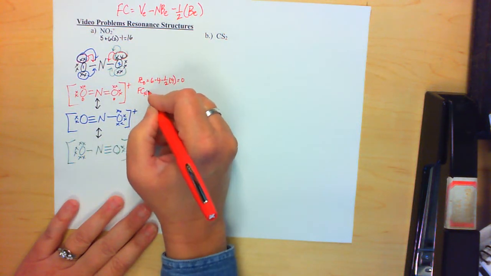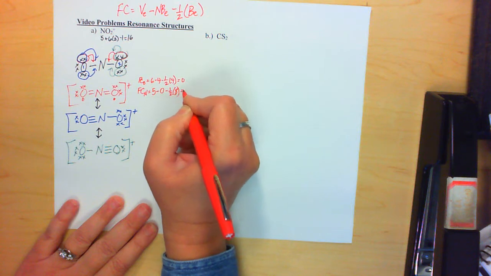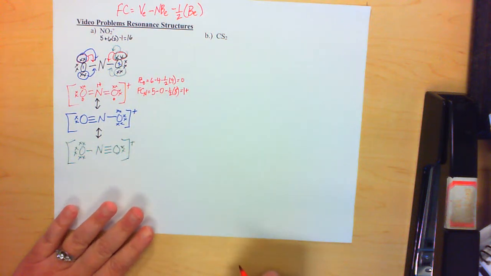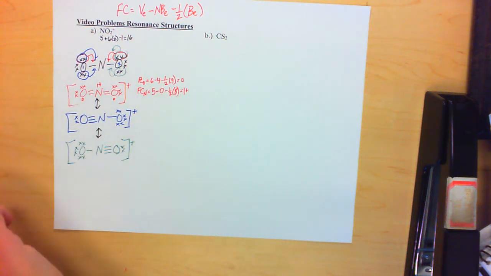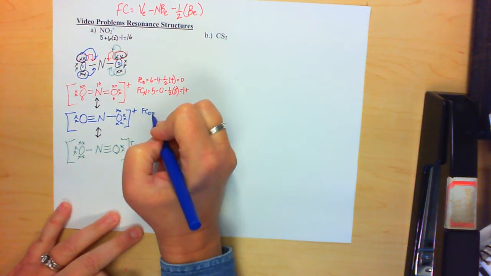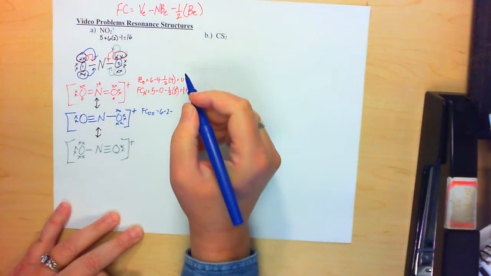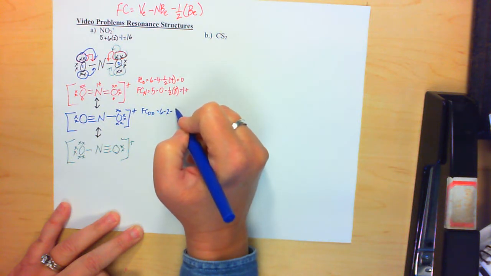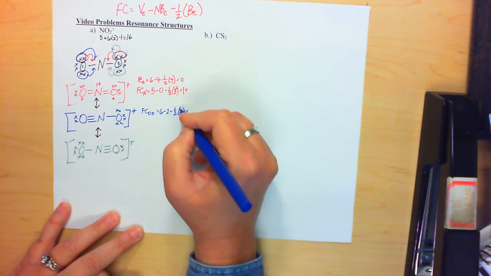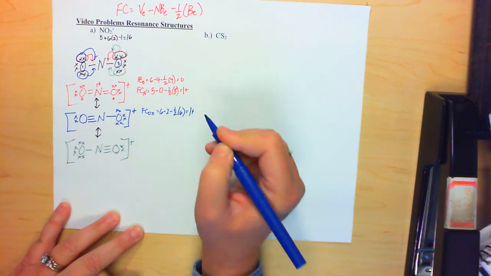The formal charge of nitrogen is 5 minus 0 minus 1/2 times 8, which means that it gets the plus 1. So here's this structure here. Now, on the blue structure, we have our formal charge of the oxygen triple, which is equal to 6 minus 2 minus 1/2 times 6, which is 6 minus 2 minus 3, which is 1 plus.